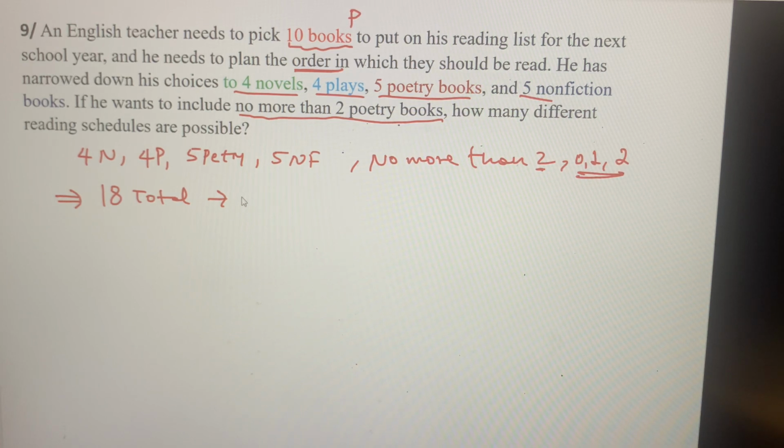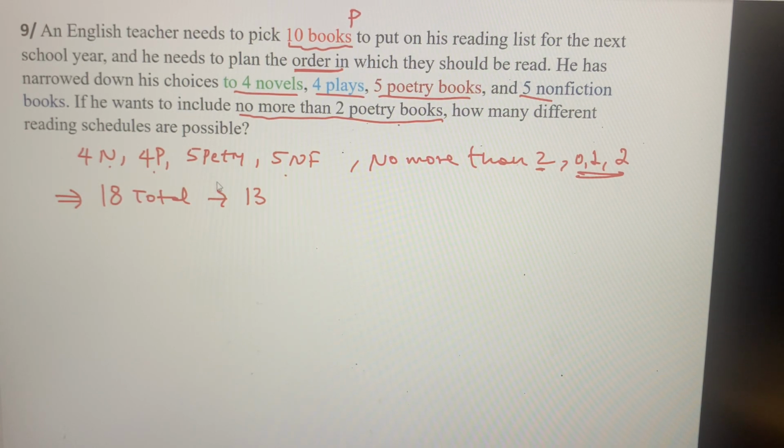Poetry is 5. So if I subtract 5 from 18, we have 13 books together for novels, plays, and non-fiction, but the 5 of them are poetry.